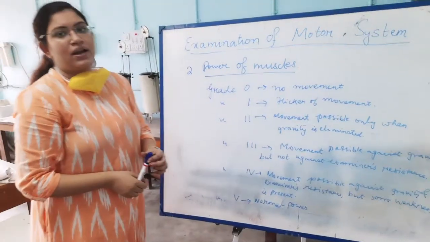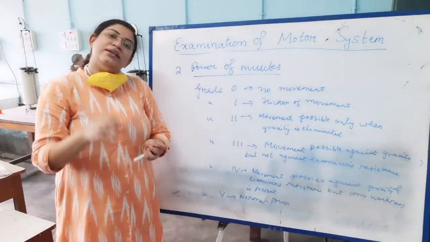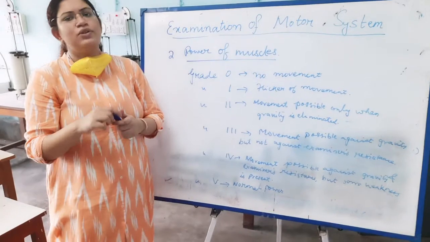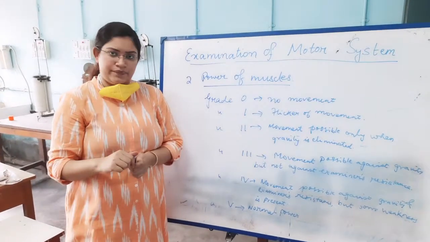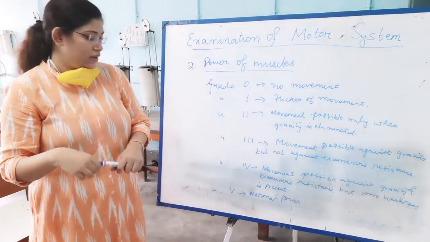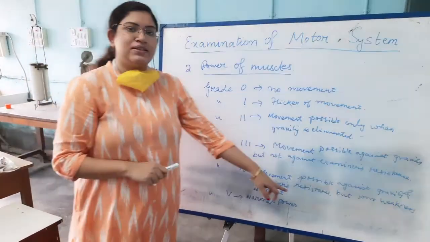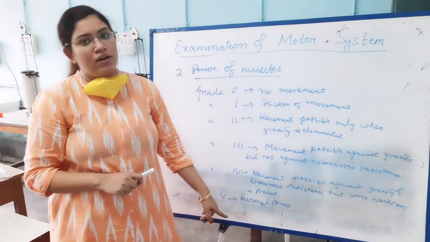You come back again after a week, he has now received treatment and is able to move against gravity and against your resistance, but you feel that some degree of weakness is still present, not normal. That is grade 4. Again you come back after a few days and you find that he has got normal power, no weakness.